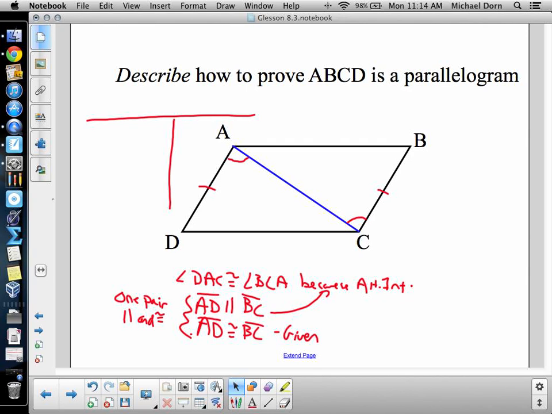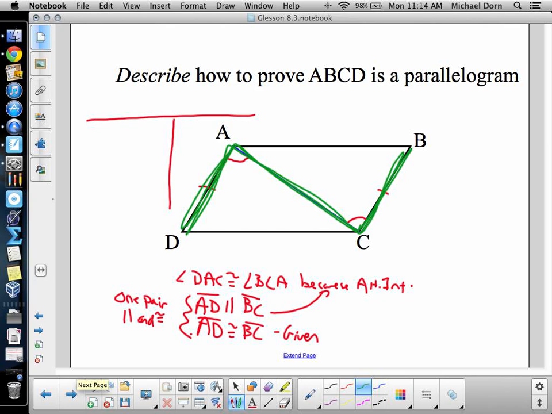But again, it's showing the idea. And by the way, for those who aren't sure which sides are parallel based on these angles, make the Z. The Z will show me the parallel sides. AB and CD don't enter into it, do they? They don't enter into that Z at all.